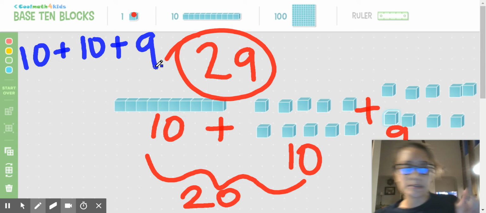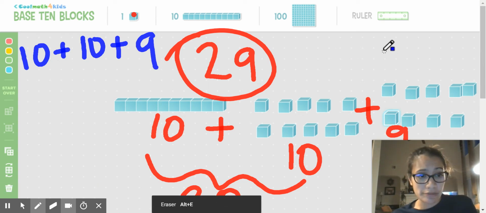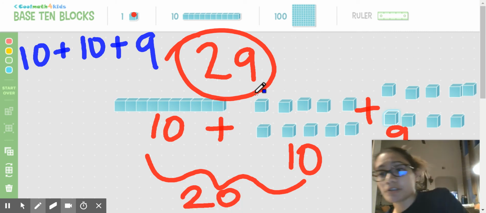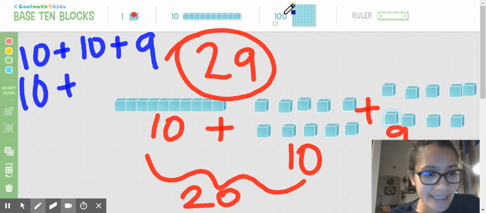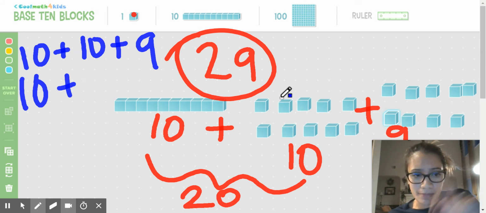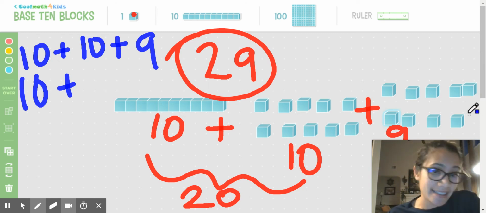Or if you really wanted to count all of these ones all together, you would get 10 plus, and let's go ahead and count. This is already 10, so I don't need to go one by one. 10, 11, 12, 13, 14, 15, 16, 17, 18, 19.